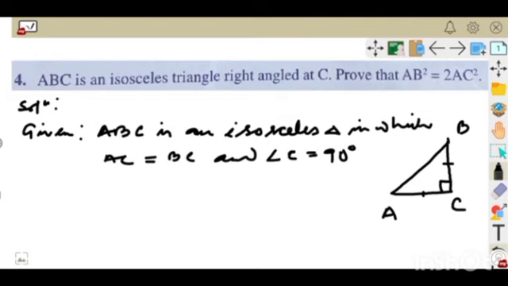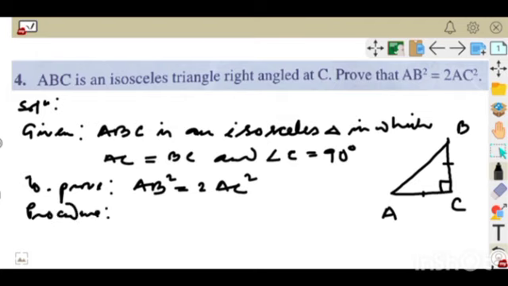I have written the given. Next we are going to write to prove. In to prove, we are going to prove that AB square equal to twice AC square.